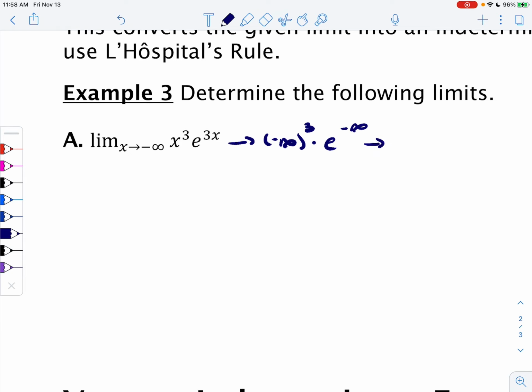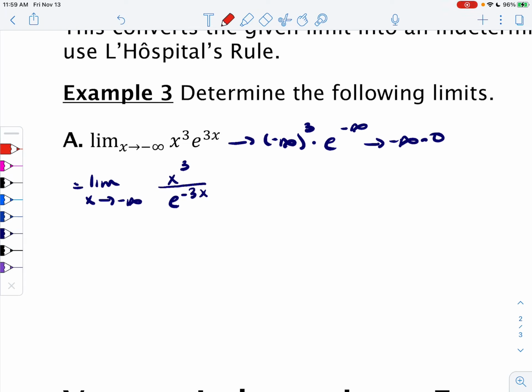And that is going to negative infinity times 0. So I do have that indeterminate product, and I'm going to choose to put the e to the 3x to the denominator. So I can say that this is equivalent to the limit as x goes to minus infinity of x cubed over e to the minus 3x.